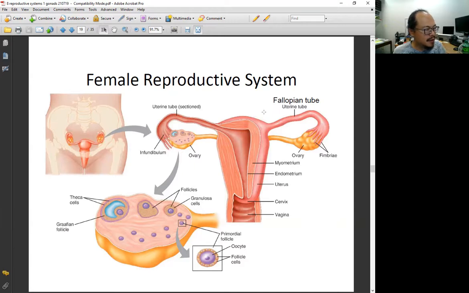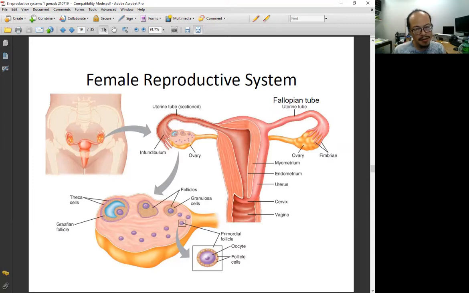Again, here is the reproductive system. We have the gonads, the ovaries, 2 of them here, and inside of the ovary is a place to host a lot of these oocytes.